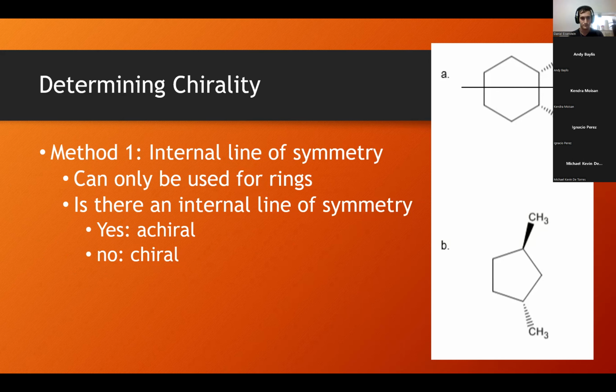Therefore, this is achiral. Let's take compound B. Is that a plane of symmetry? Yes or no? Great. Therefore, this is not a meso compound. As long as there are chiral centers, it's chiral. Does that help?